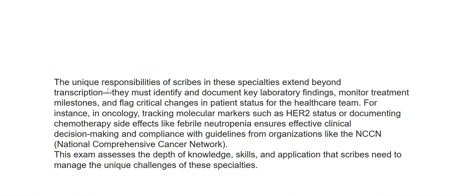The unique responsibilities of scribes in these specialties extend beyond transcription. They must identify and document key laboratory or lab findings, monitor treatment milestones, and flag critical changes in patient status for the healthcare team.